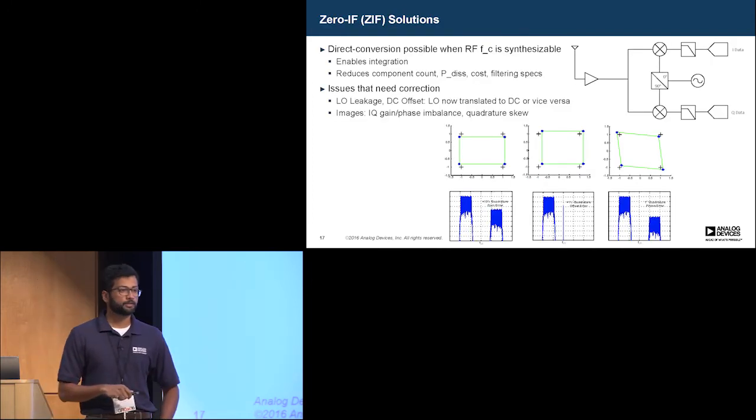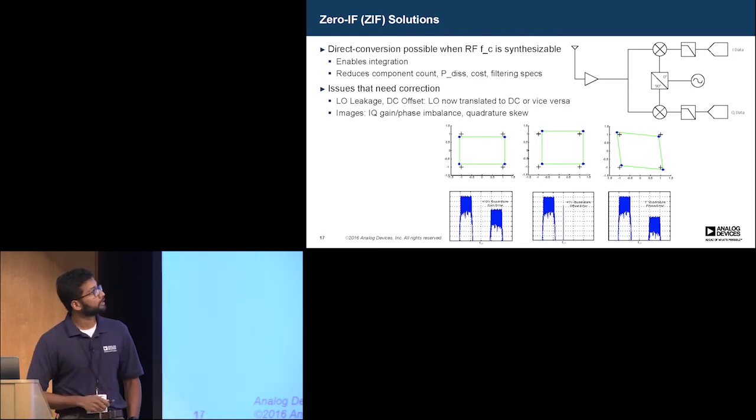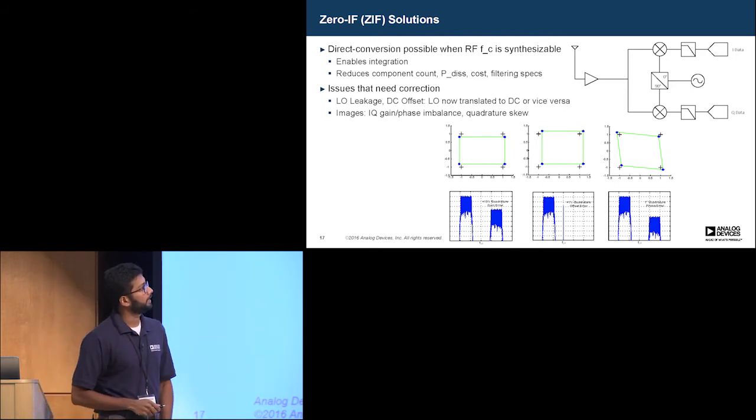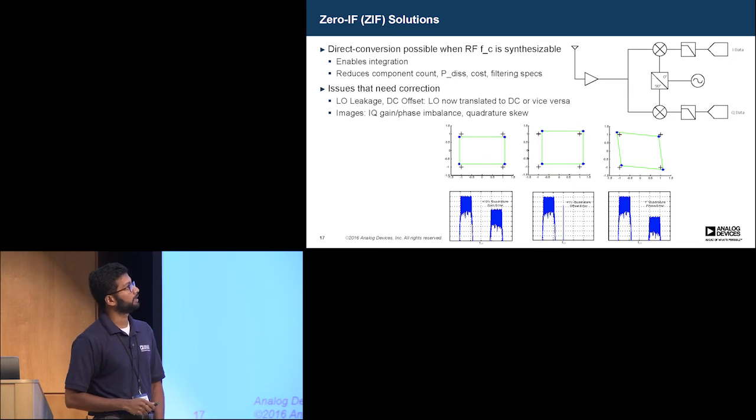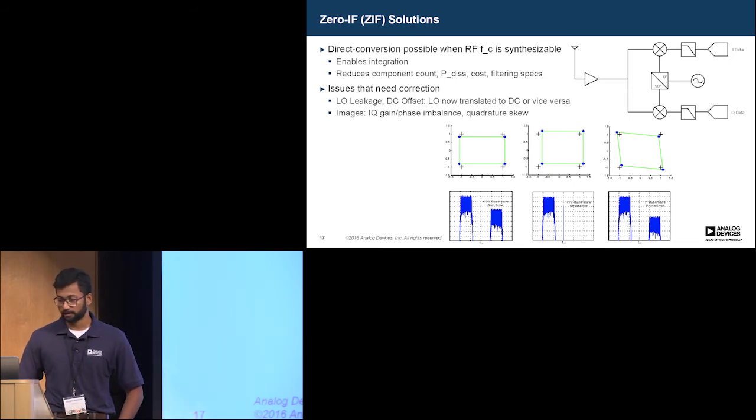So, zero IF solutions, or direct conversion architectures, typically look like this, where you have an LO that is close to the RF, a single mixing stage, push your data into your ADC, you get IQ data. Now, this is possible when you can synthesize the center frequency in RF.